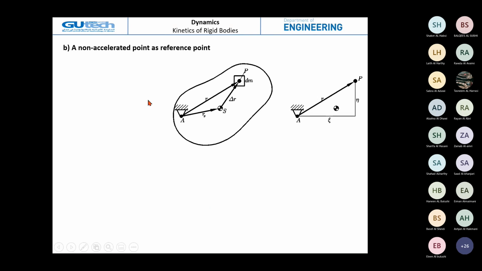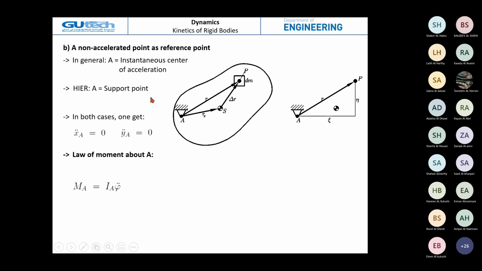Now, we take a non-accelerated point as a reference point. We take here a support point A. This means that it does not move, and the whole body rotates around this point A. As it is fixed, its accelerations in the x direction and y direction are equal to 0.